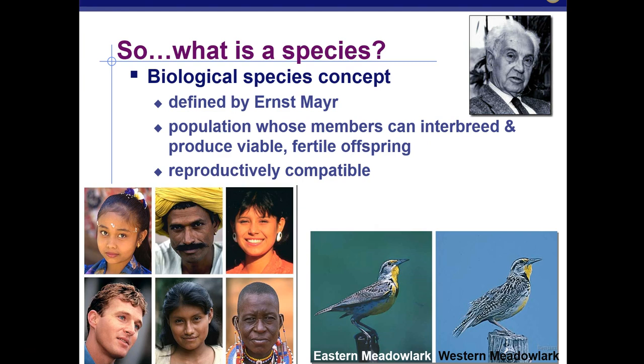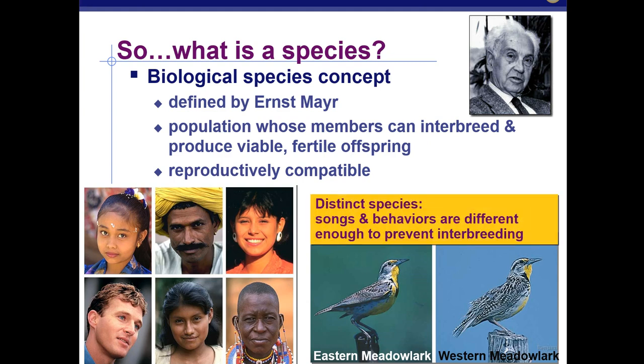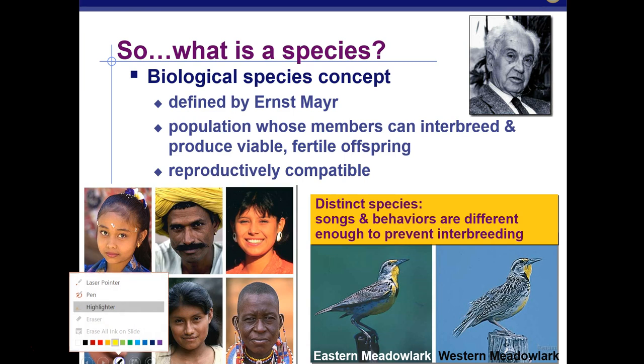So because they don't interbreed with each other, they are considered separate species. And over time, they've evolved where their pickup lines are totally different, how they behave. The whole mating ritual is completely different.